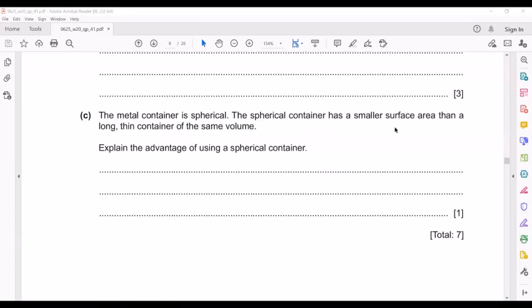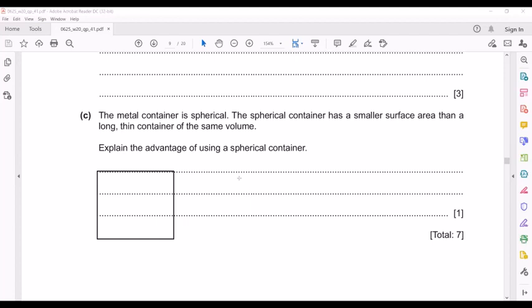The metal container is spherical. A spherical container has a smaller surface area than a long thin container of the same volume. Explain the advantage of using a spherical container. Look, if you have a large container, it will have a large area, so the rate at which it can lose energy will be higher.